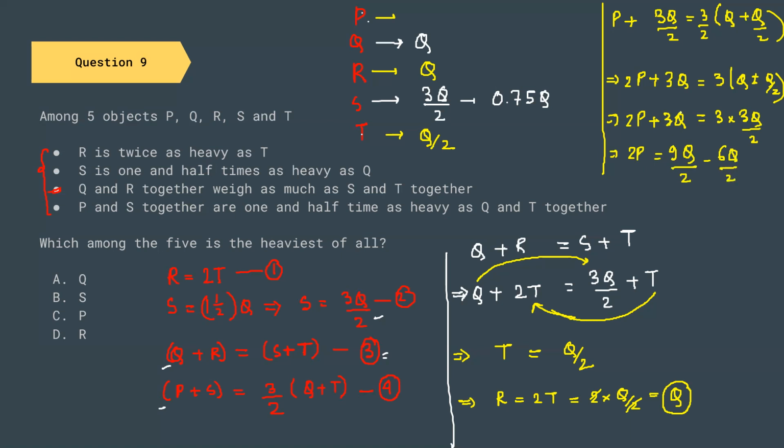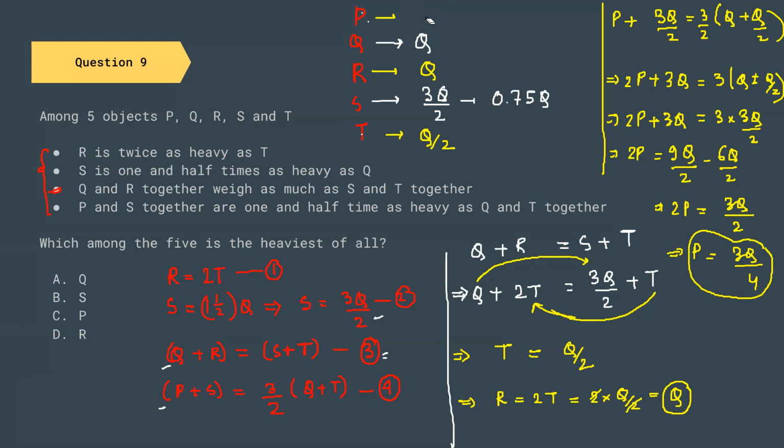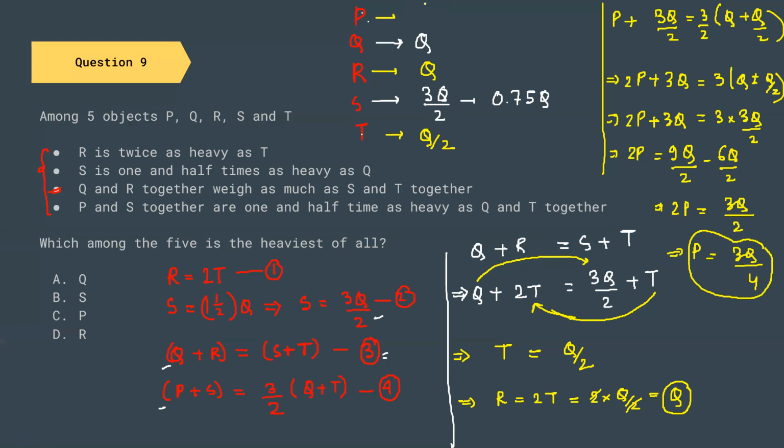So this is 3Q. I can write 3Q as 6Q by 2. So that will give us 2P = 3Q by 2, and P will be equal to 3Q by 4. So this will be your final result for P. So P will be 3Q by 4.